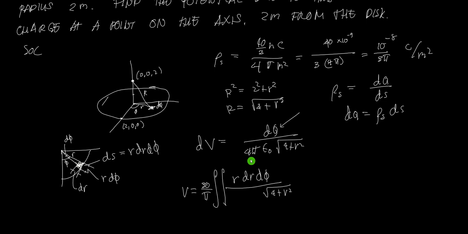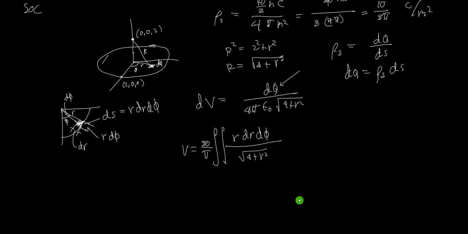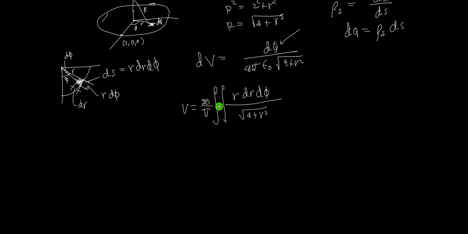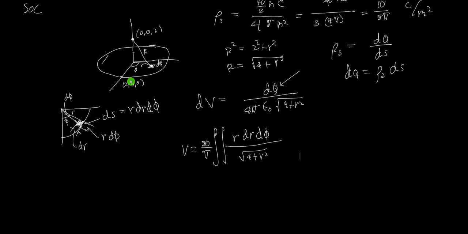So if you multiply that with 4 pi epsilon naught, that will be equal to 30 over pi. So I can just remove that and move this here. Then what will be our limits? So we are integrating with respect to r and with respect to phi. So for r, this is from 0 to 2. So that's the limit for r. And for the angle d phi, it's 1 revolution. So it should be from 0 to 2 pi.